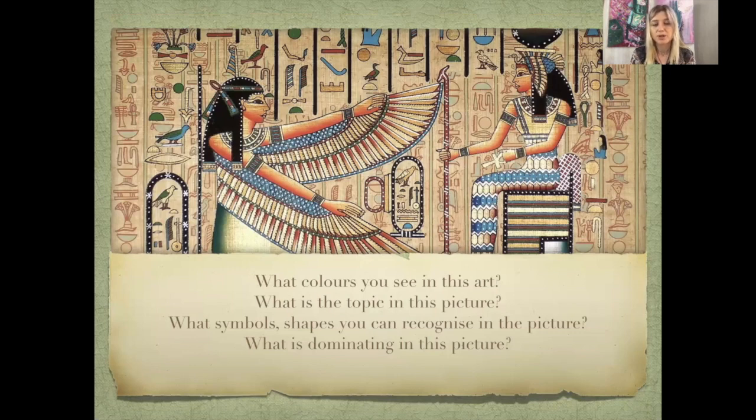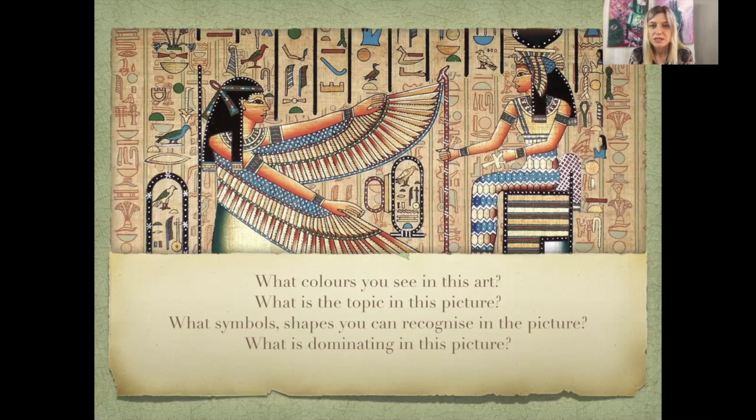What is the topic of this picture? Do you see that it looks like worshipping, like an emperor or a goddess? And do you see any symbols, shapes? Maybe you can recognize some in this picture.